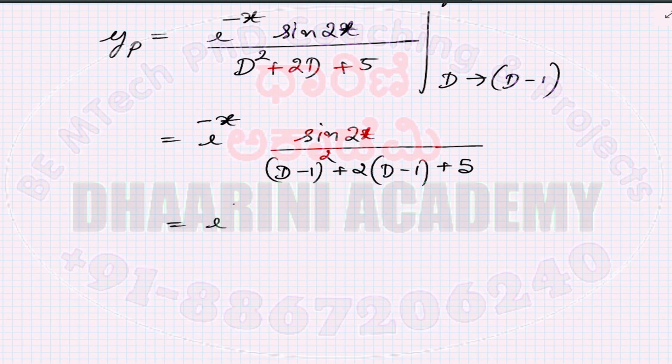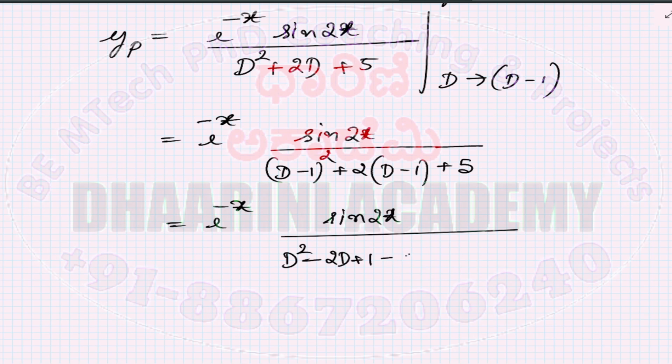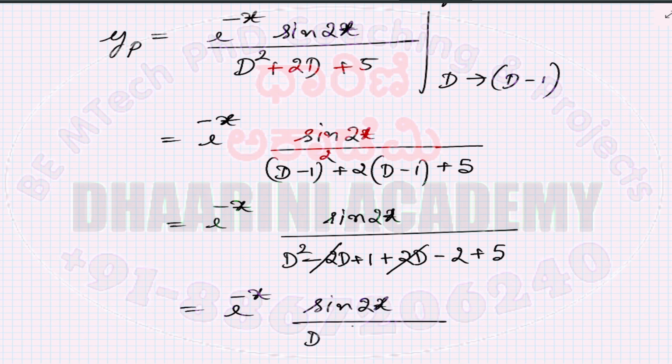This is equal to e to the minus x sine 2x divided by D squared minus 2D plus 1 plus 2D minus 2 plus 5. So plus 2D and minus 2D will cancel. As a result, we have e to the minus x into sine 2x whole divided by D squared, 1 minus 2 is minus 1, plus 5 is plus 4.